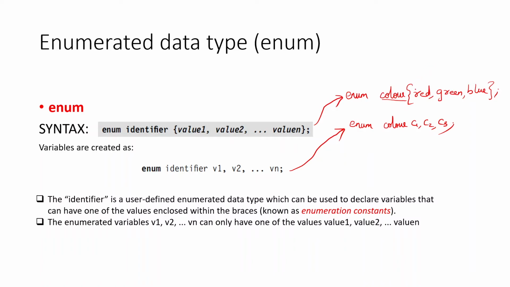And by default the first value is assigned the value 0, next 1 and next 2. So red equals 0, green equals 1. Without writing anything, when you write this command, red is assigned 0, green is assigned 1 and blue is assigned value 2. Okay, so this much happened with these two statements.